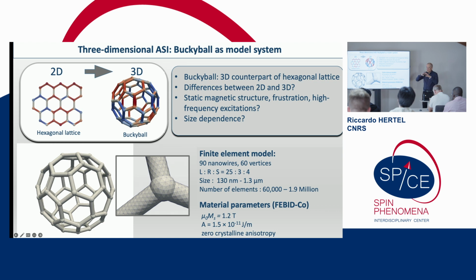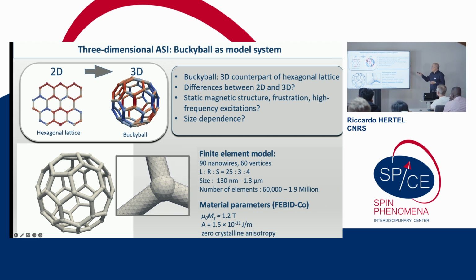In a sense, it can be considered as a wrapped up hexagonal lattice. Not exactly, because there are some pentagons in there, but in principle, it's the same thing as far as the vertex sites are concerned, with the difference that now they are on a spherical surface. And so this is a kind of gentle transition from 2D to 3D. It's not yet fully three-dimensional, but it's a two-dimensional spin ice on a three-dimensional object.